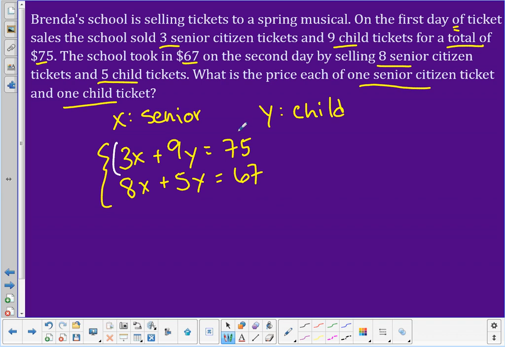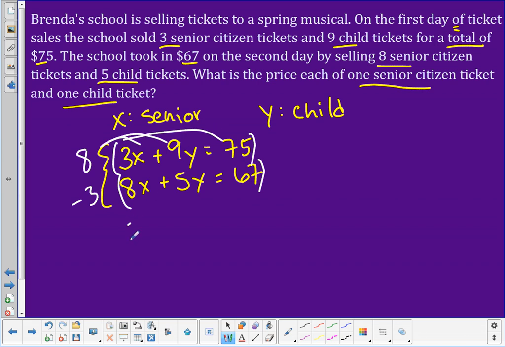So I'm going to take this top equation and I'm going to multiply it by 8, and I'm going to take this bottom equation and I'm going to multiply it by -3 because that's going to give me a 24x, that's going to give me a negative 24x. Those will drop out after I combine them. So 8 times 3, remember that this needs to go all the way across to all 3 parts.